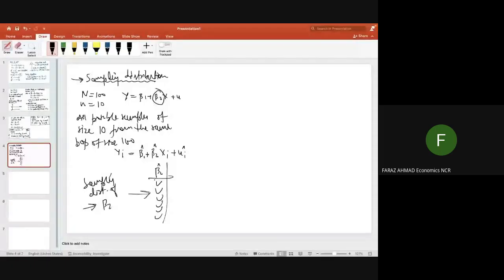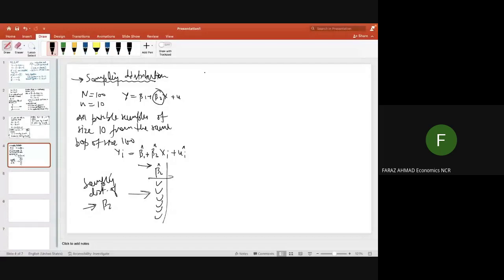When all possible samples are there, every possibility is there. Of course, what you're recording is beta 2 hat, but this sampling distribution is of the population parameter beta 2, right? So there is some completeness in sampling distribution.